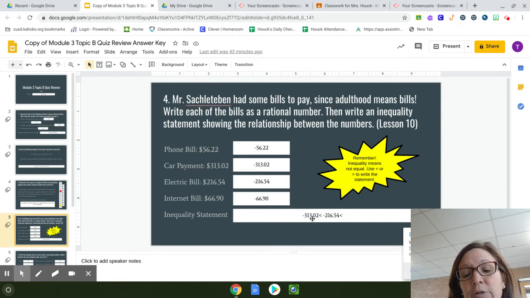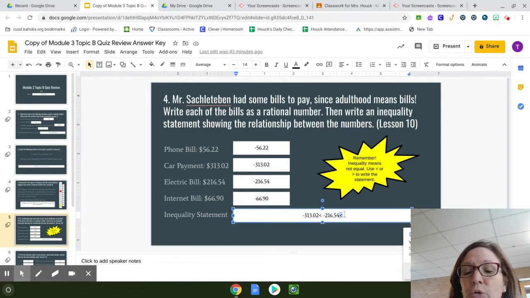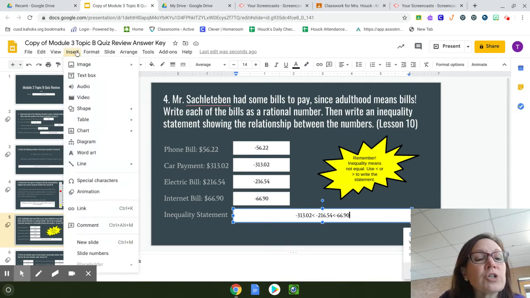I have negative 313 and 200ths. I have the inequality statement. Then I put the next negative and an inequality statement. The reason why I left it like this is because I wanted to show you how to add that inequality statement. So my next answer would probably be negative 66 and 90 hundredths. I need to add the inequality statement. Watch carefully. I go up here to insert.